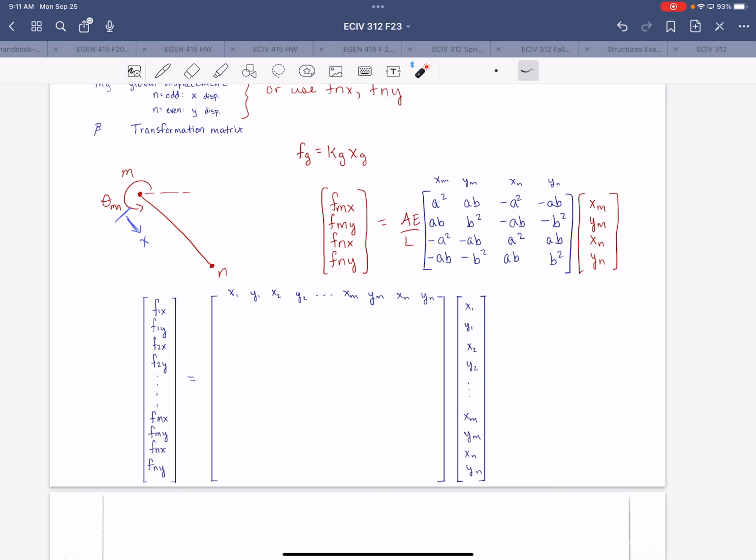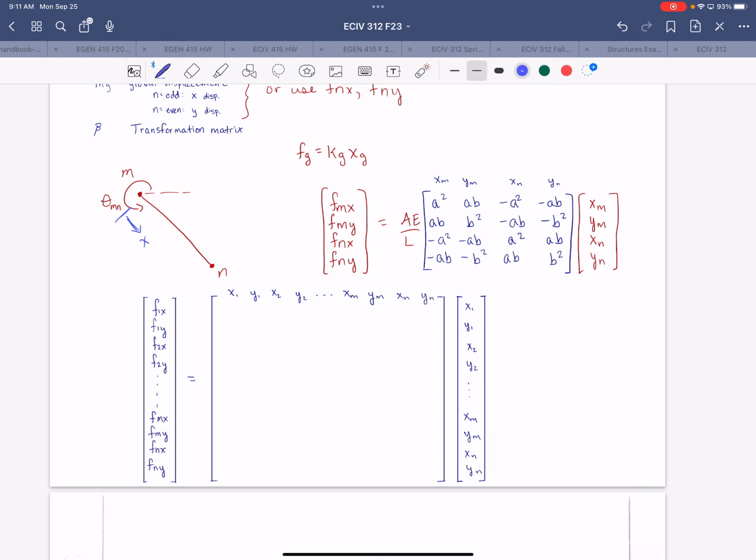So I always like to keep them in order, so consistent order in the individual element matrices would just be the lower numbered node in the first 2 rows and columns and the higher numbered node in the last 2 rows and columns. And then in the global overlay, right, keep it in order too. So then it helps a little bit, right?